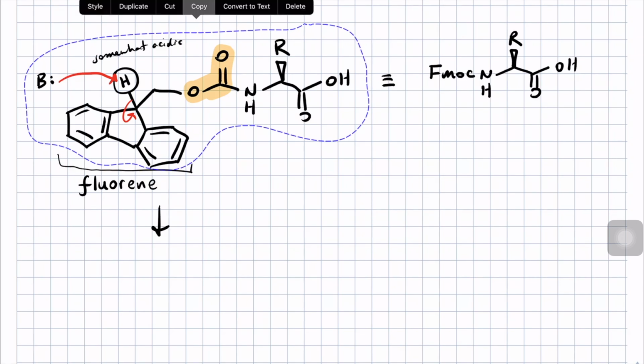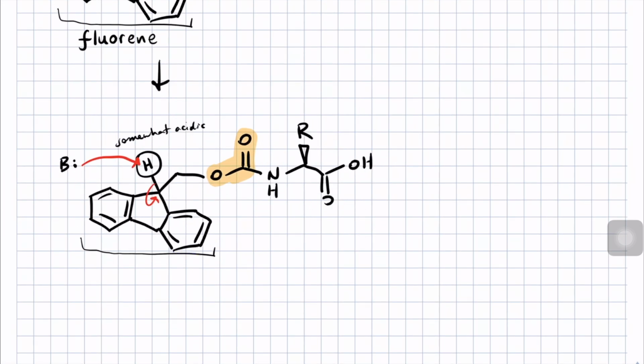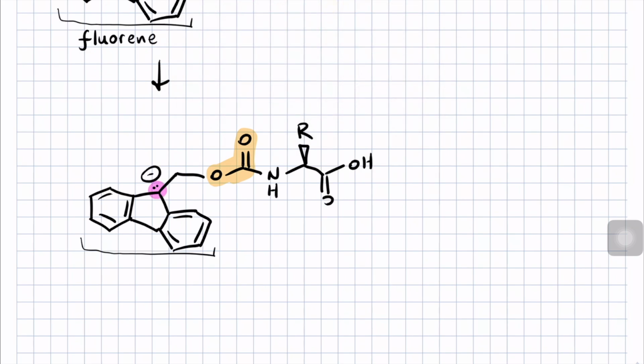So let's just redraw that Fmoc group, or rather, let's draw the conjugate base of what we just drew with lone pairs here on that carbon. Friends, hopefully you can see how that negative charge could be delocalized on these 3 carbons and on these 3 carbons.